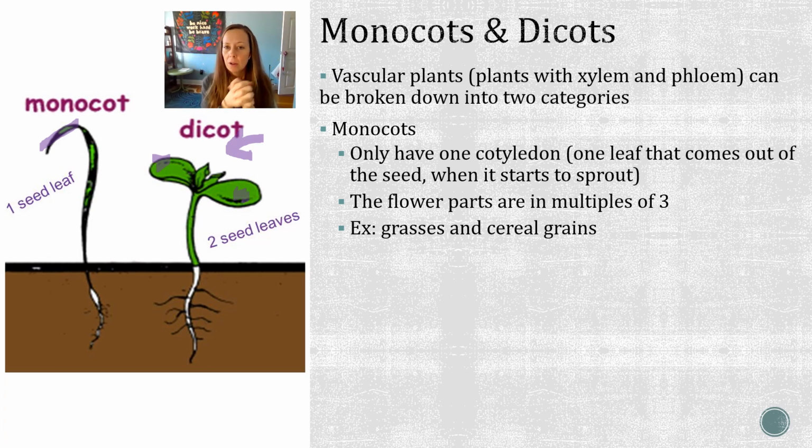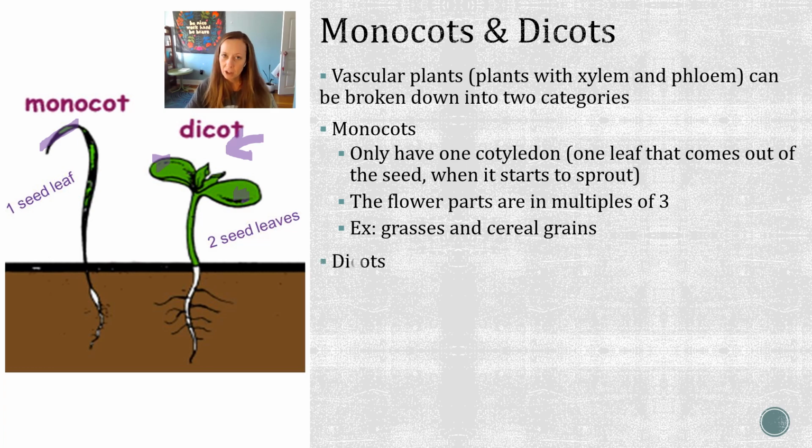Flowers that are monocots will only have three parts, or multiples of three: 3, 6, 9. When you count their petals, you can tell what it looks like. Monocots also have kind of an unorganized vascular system. There's xylem and phloem all over the place. They're kind of more primitive plants.